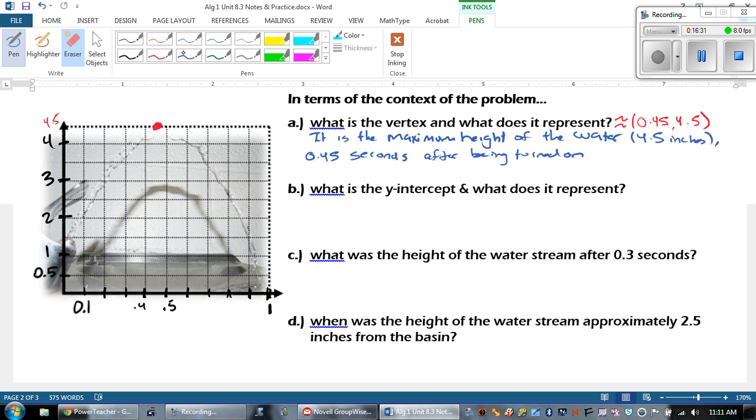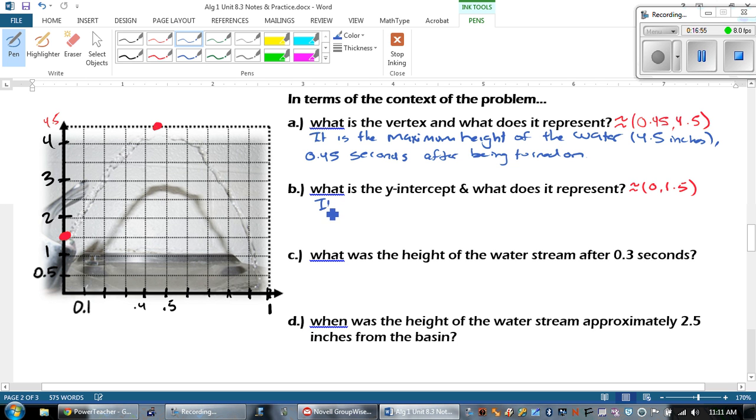So where's the Y-intercept? Yeah, it's about right there. So we got to say that the Y-intercept is about 0, 1.5. So there's my Y-intercept. What does it represent? Yeah, that's the starting height.